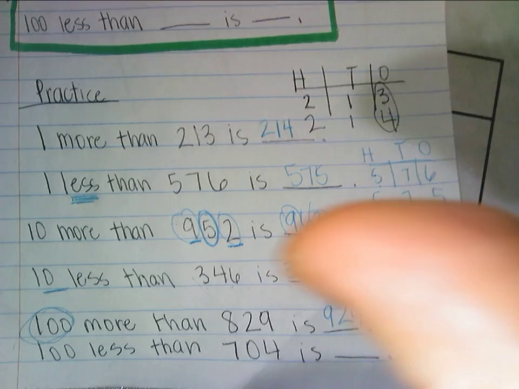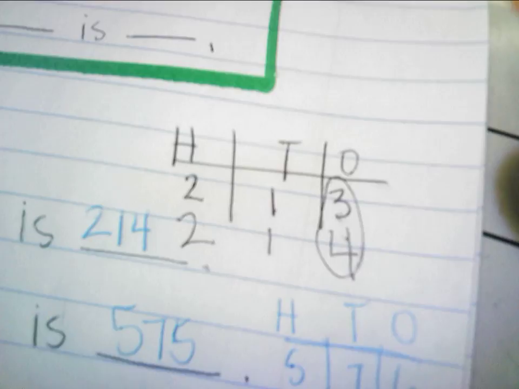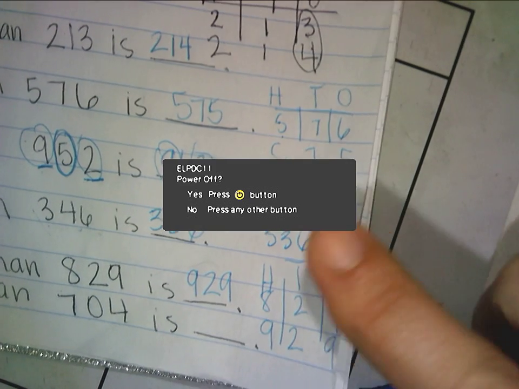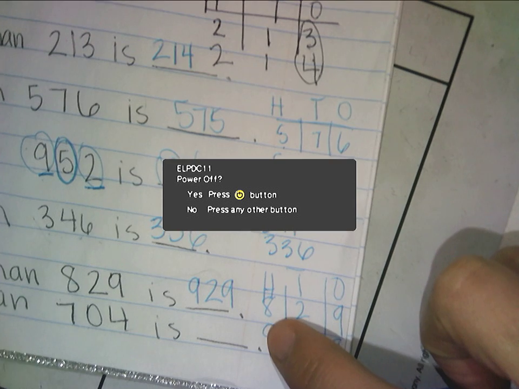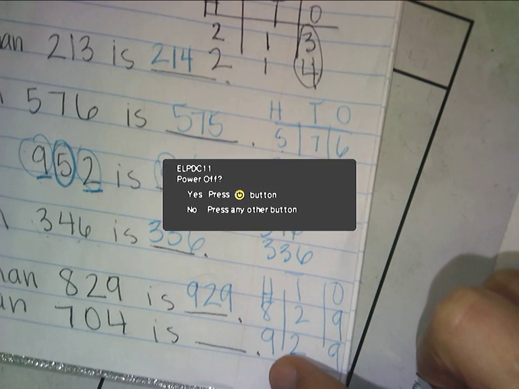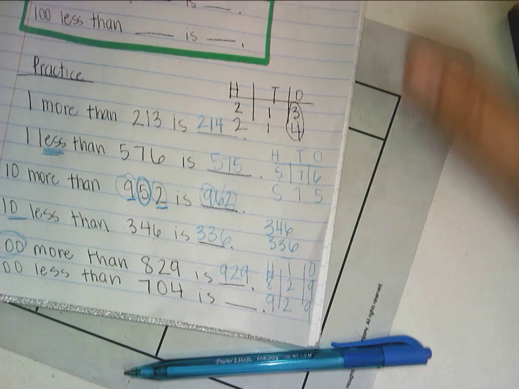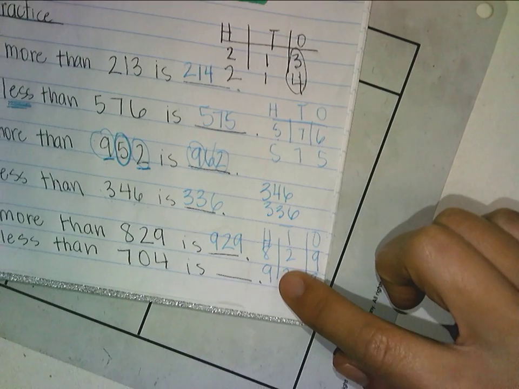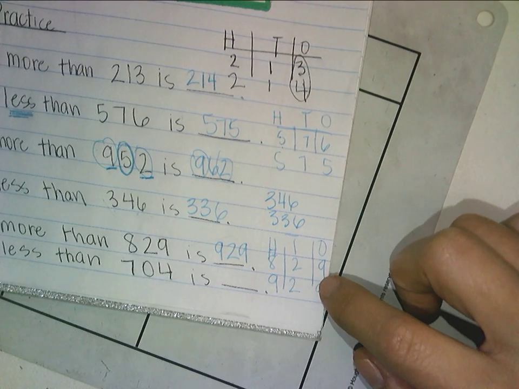Okay? As you can see, let me put this lower for you. As you can see, right here, the 10 stayed the same and the 1 stayed the same. The 8 and the 9 are what changed in that hundreds place.